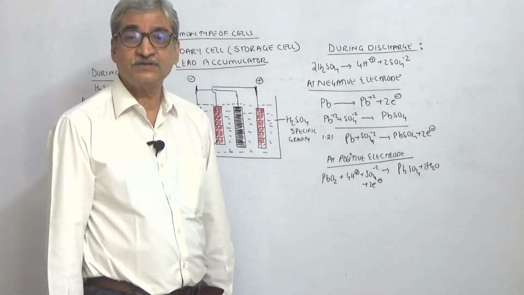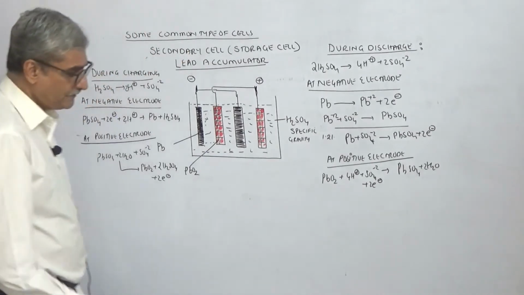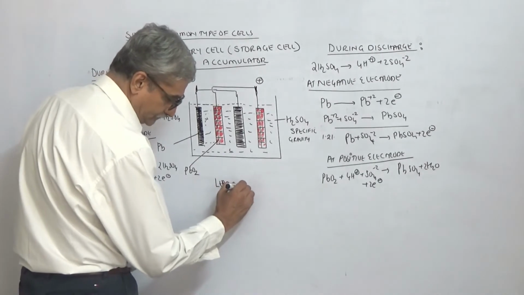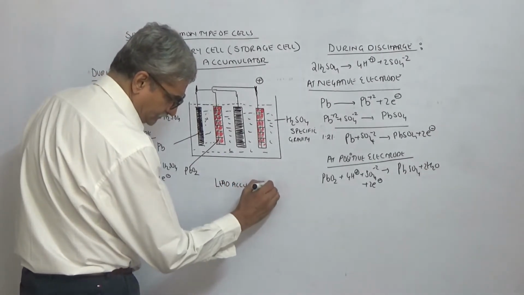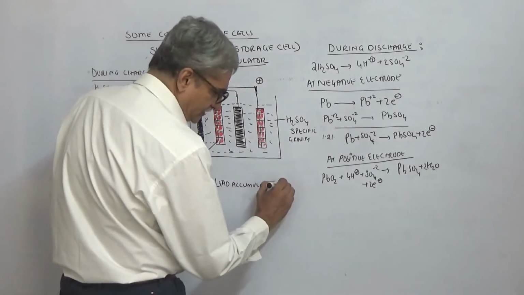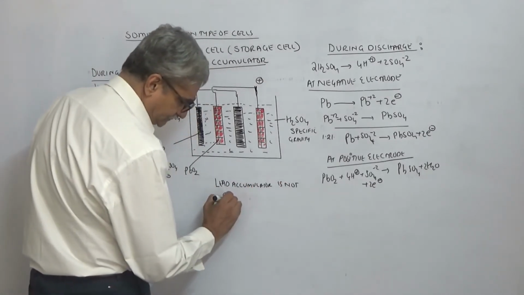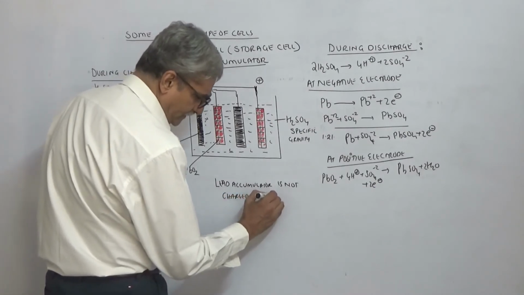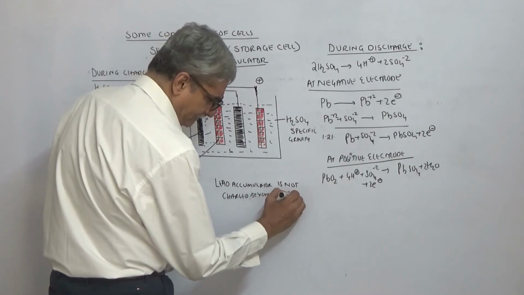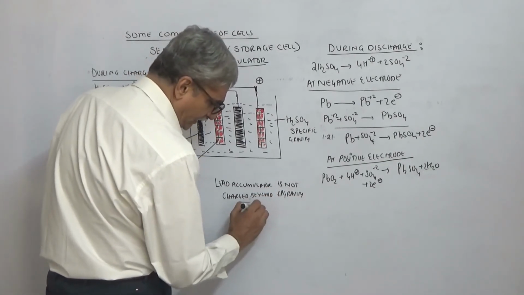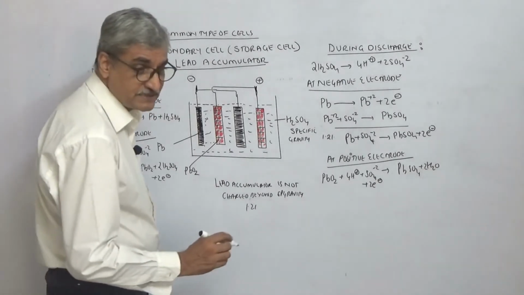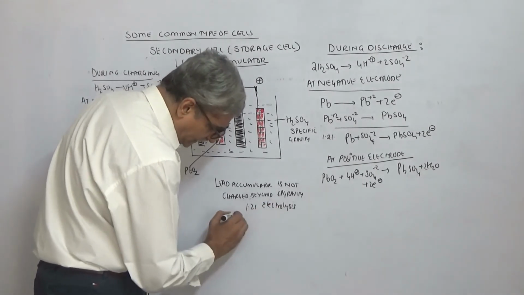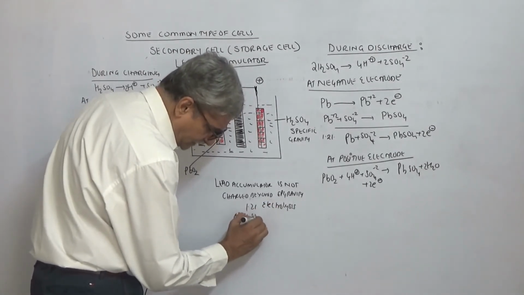The lead accumulator is not charged beyond specific gravity 1.21 because beyond this, electrolysis of sulfuric acid will take place.